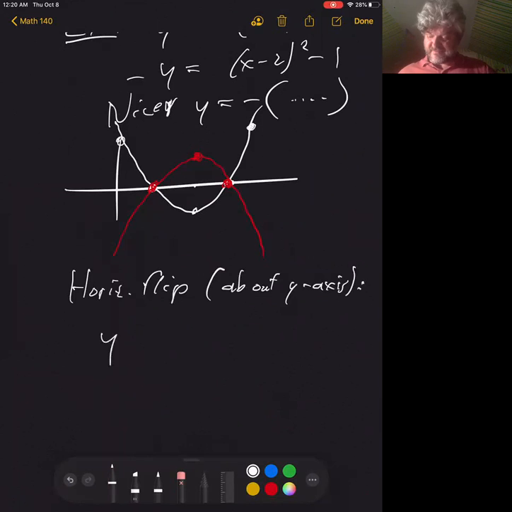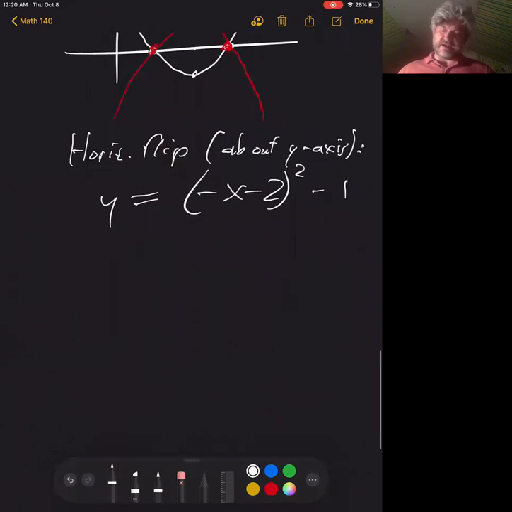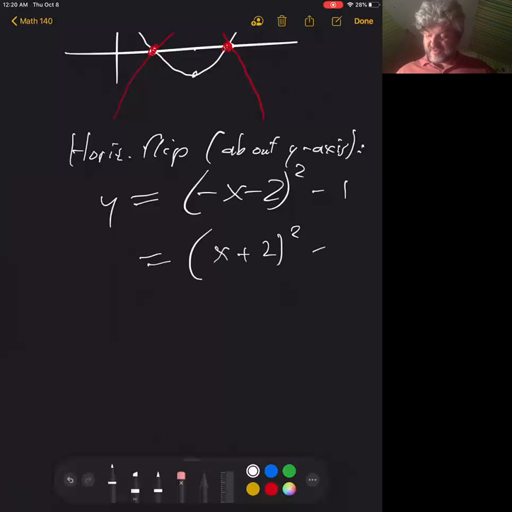This time I need to go replace every x by -x. So I get this. And because this particular function, because we're squaring this, we can rewrite the whole thing as x plus 2 squared minus 1, which turns out to be the graph of the original function shifted 2 units to the left.